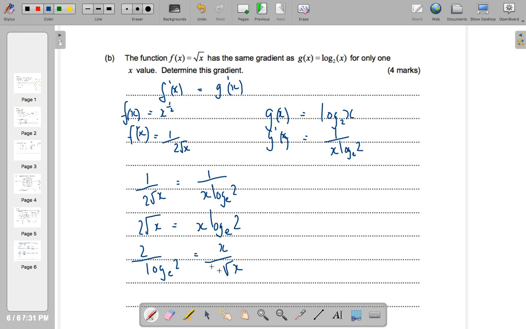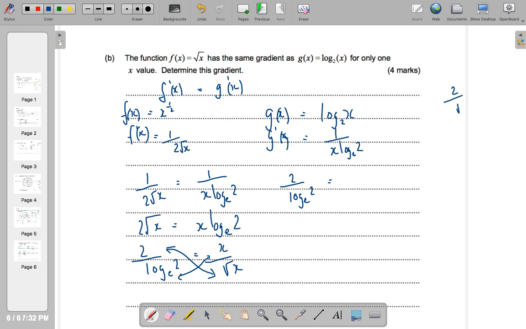In fact, it's almost undoing the cross multiply theorem I've shown you before. It's going back the other way. So now, from there, 2 over log 2 to the base e equals x divided by square root of x, and this is something that sometimes people overlook.